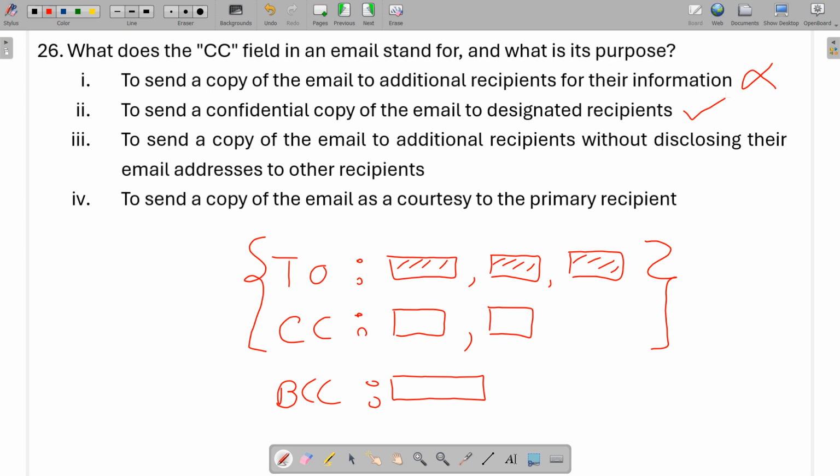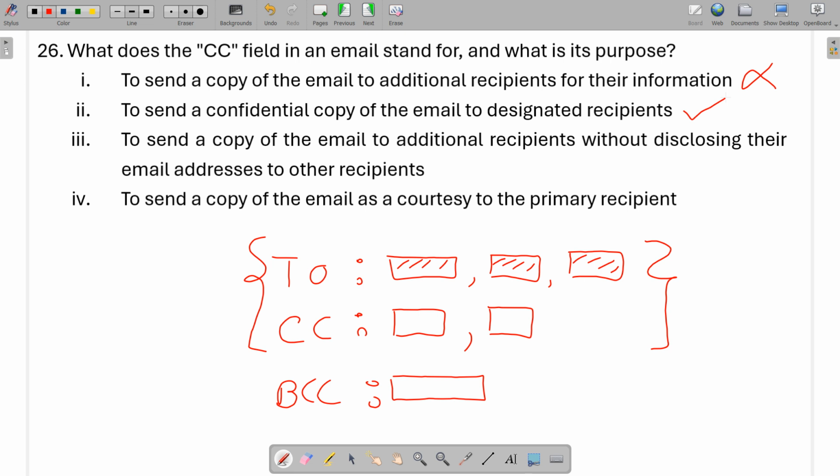Yeah, be very careful when you are reading the third one. So it is also kind of a need when it comes to the BCC. They are sending a copy of the email to additional recipients without disclosing their email addresses to other recipients.